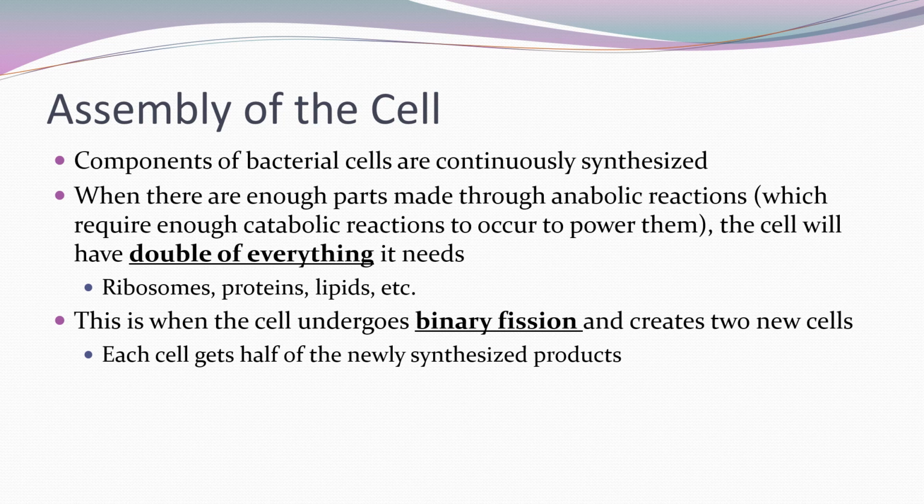So once these products have been synthesized or made, the cell is going to feel the need, I suppose is a good way to say it, to make a new cell. So they go through binary fission, make a new cell. So that is one of the ways that our microbes are going to use that anabolic pathway, is to build all of the structures inside of that cell.